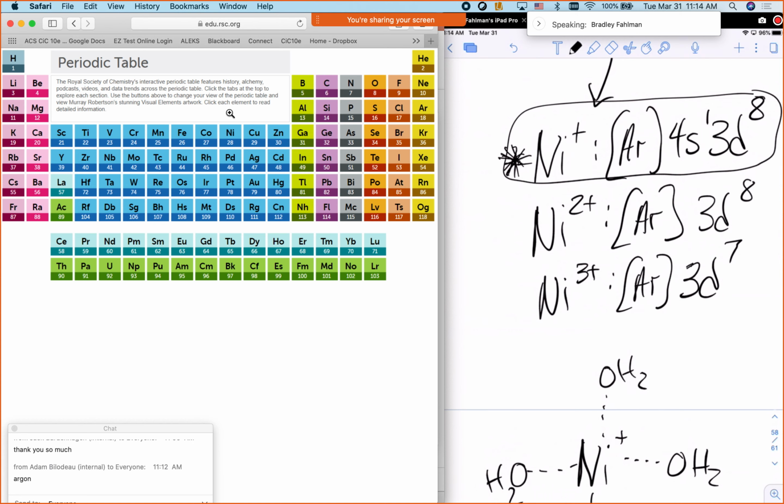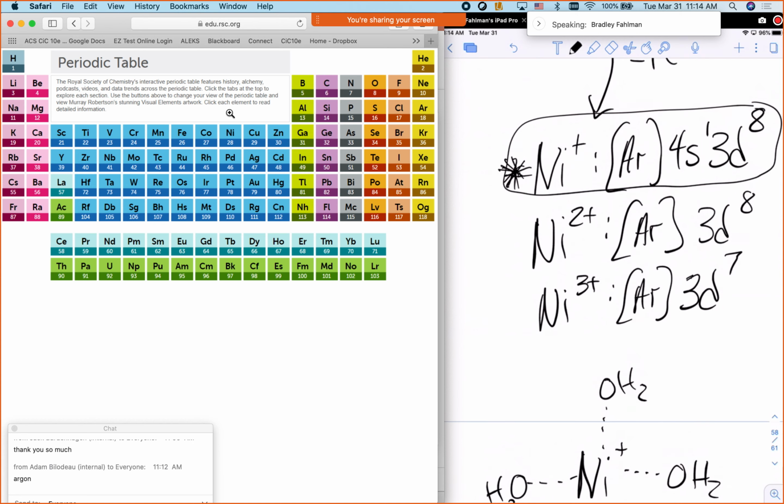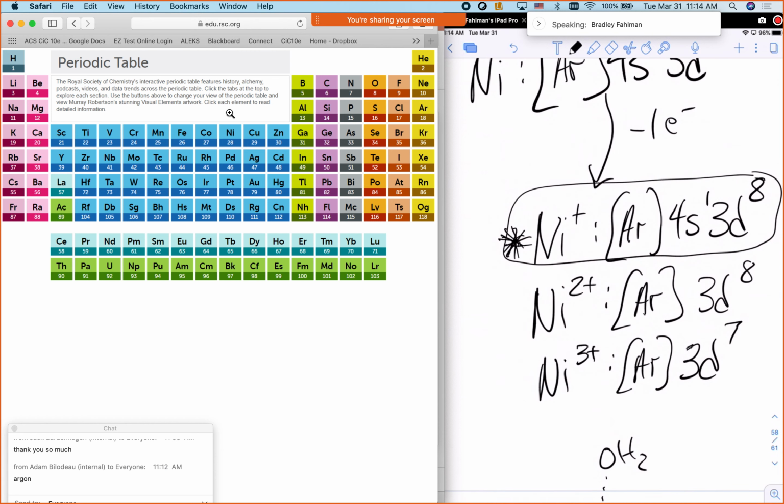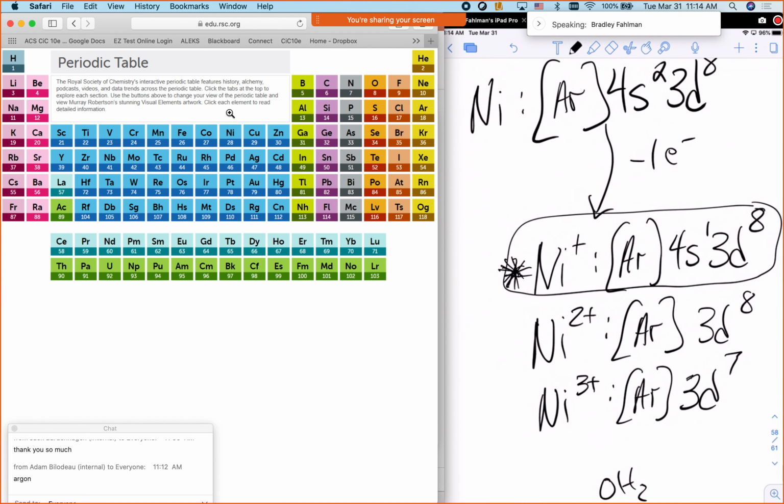Okay, but for this class, we'll just consider that that's the way it is. Okay, so these are kind of like isolated neutral ions, sort of just in space. Okay, and so you're losing the s electrons first, followed by the d's. Okay.